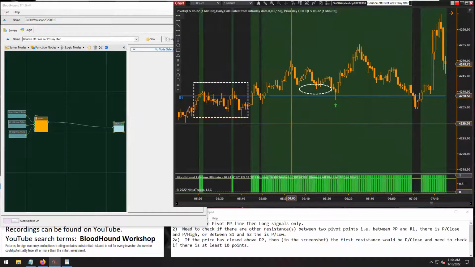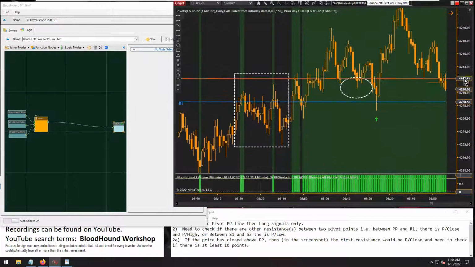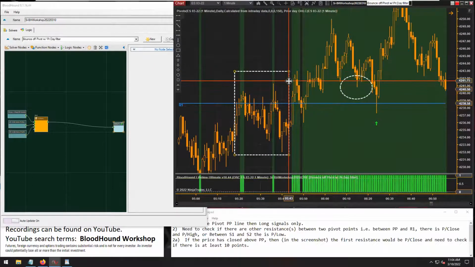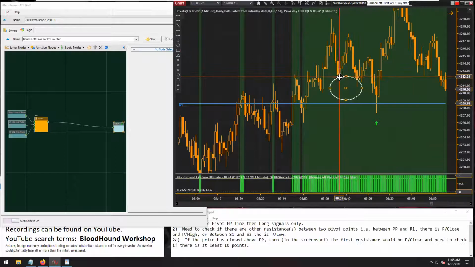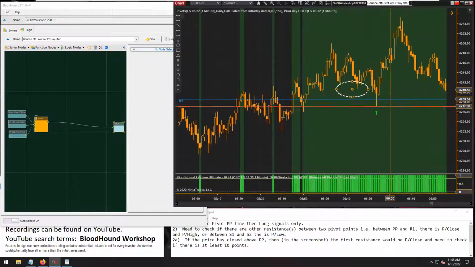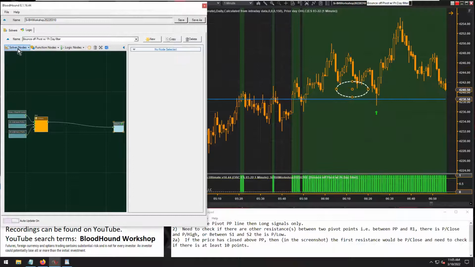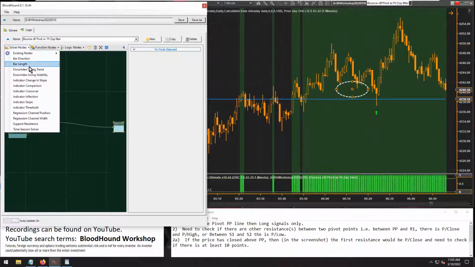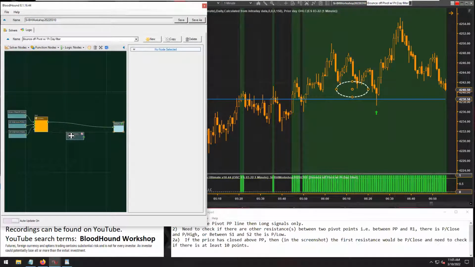All right, so the first requirement here is having this separation there. To make sure that price has moved far enough away before pulling in for the bounce, we can determine that using a comparison solver.